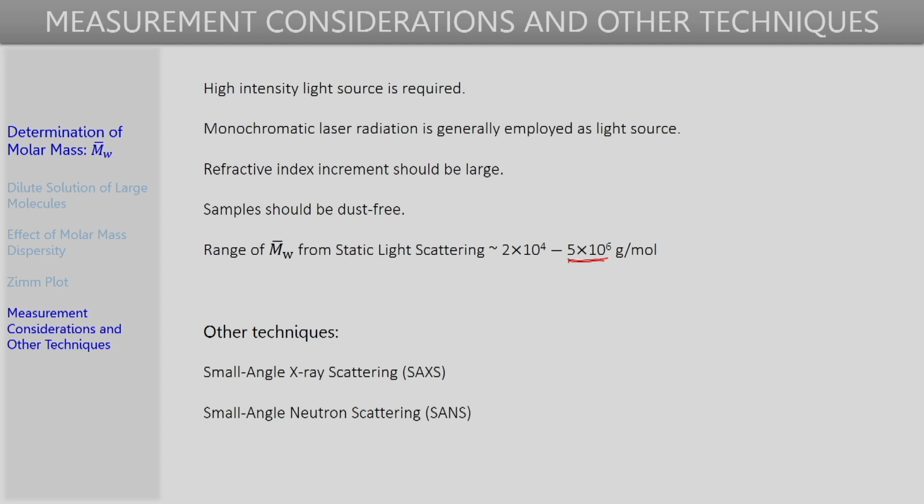Theoretically speaking, the way we have approached static light scattering, similar theory can be used for small angle X-ray scattering and small angle neutron scattering measurements as well, but it is important to identify that the origin of the scattering is different in X-ray scattering and neutron scattering compared to light scattering.